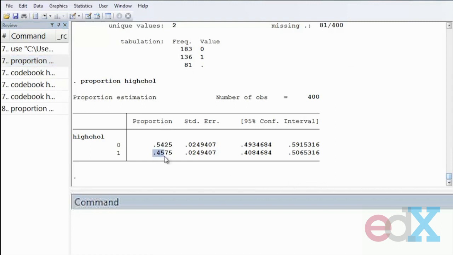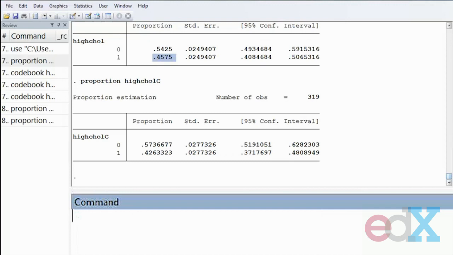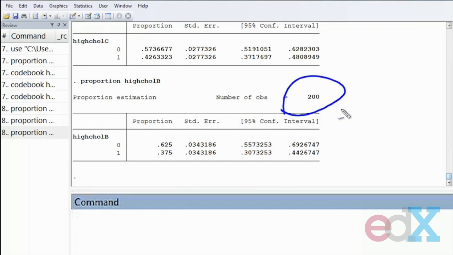Using the full sample, we saw an estimate of 45.75%. Now let's use sample C. That's the low missingness sample. So using sample C, we get a little bit lower of an estimate. We see that our estimate of high cholesterol is now 42.6. Now let's try B. So now we are only using 200 people to make inference about P, and we see that we have an even lower estimate of the proportion at 37.5%.